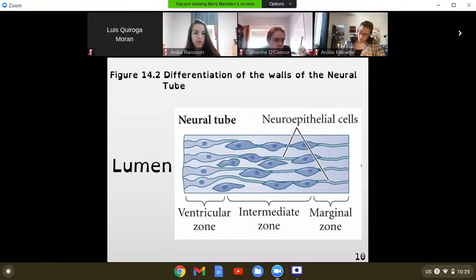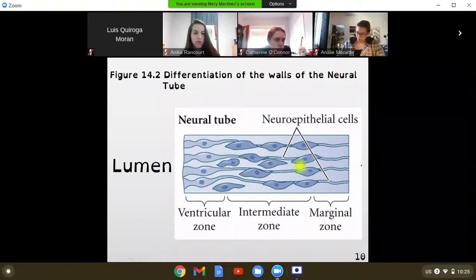We're going to find different sections. The ventricular zone, which I told you is the ependymal section, is always next to the lumen of the neural tube. The second section is what we call the mantle zone or the intermediate zone.